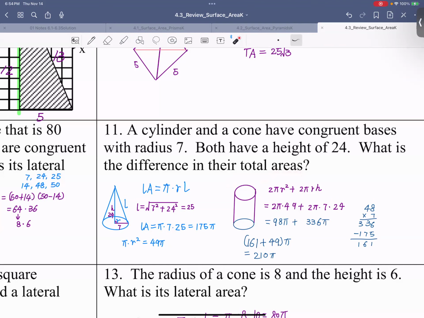But even that, if you use 80 plus 49, it's still not the same answer. Or you plug in the pi.